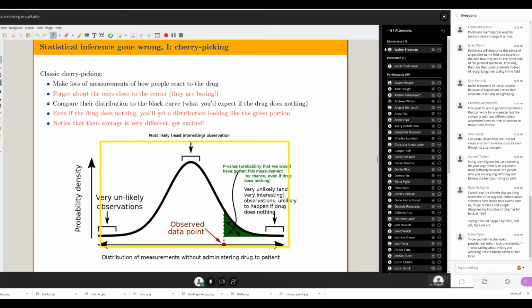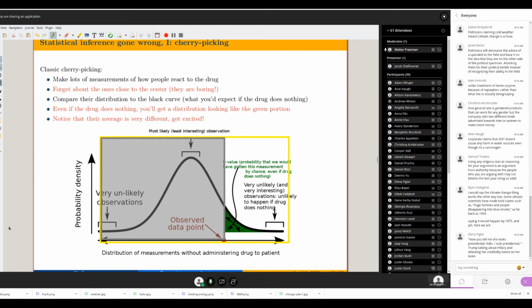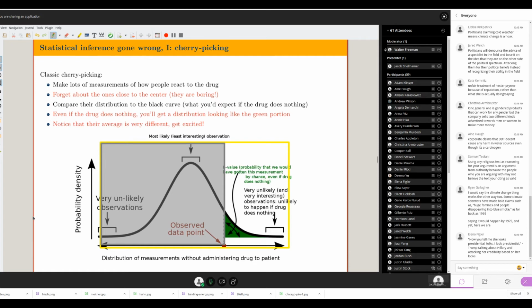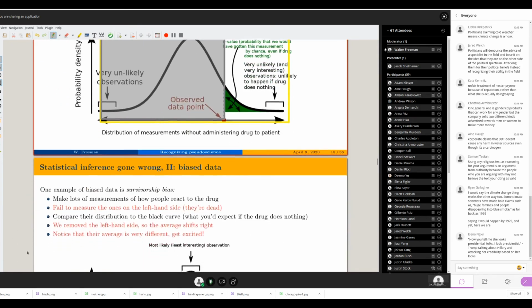But if you ignore the boring results that don't result in people getting better, or that don't agree with your conclusions, and you just chop off this piece of the distribution, all you're left with is something that looks like, on average, your drug cures people. But it doesn't. You just ignored the results that disagree with you because you have cherry picked examples that support your conclusion. Somebody gave an example of cherry picked nutrition advice earlier.